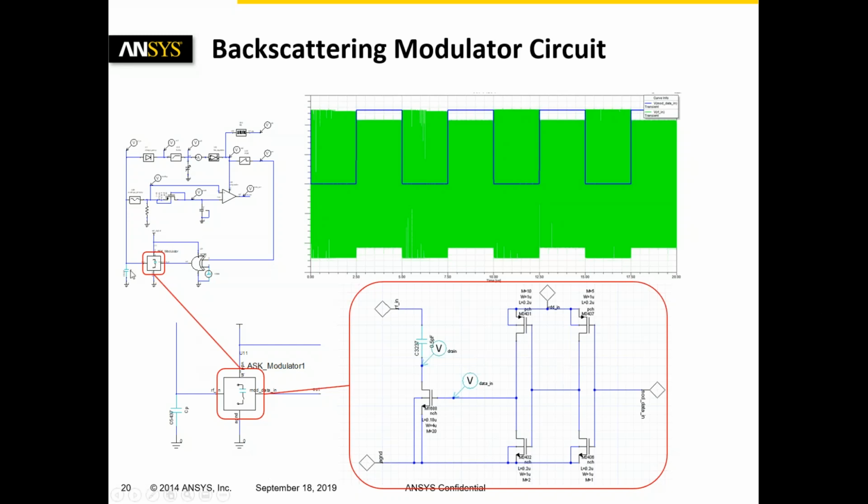So then we have this backscattering modulator circuit. The schematic there is for the backscattering modulator. It's a block on the entire schematic, but in detail, if you push down, it's a circuit consisting of multiple MOSFETs, and there's a drain and a data in voltage there.